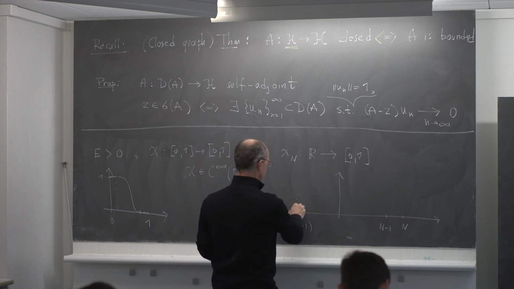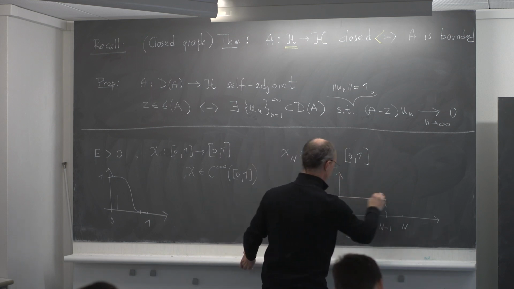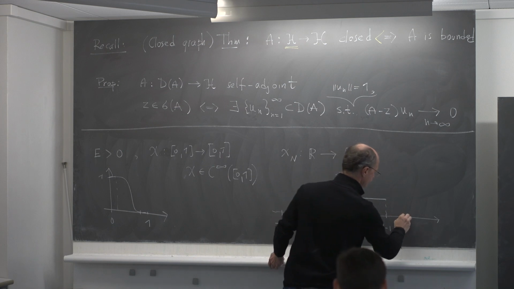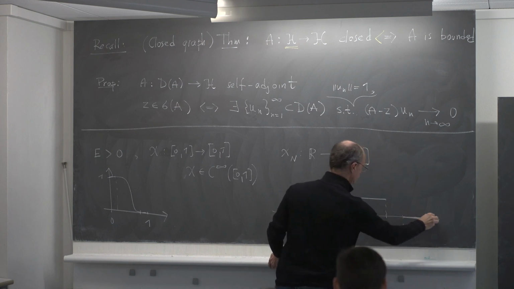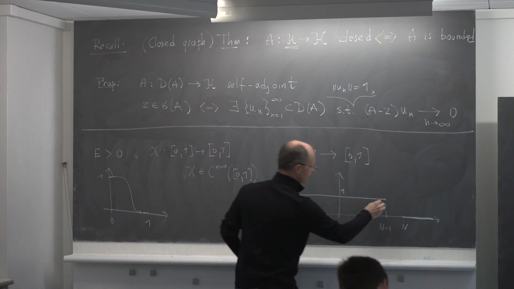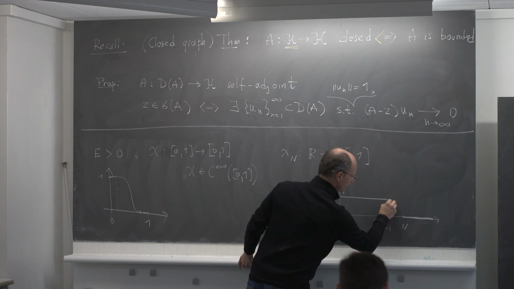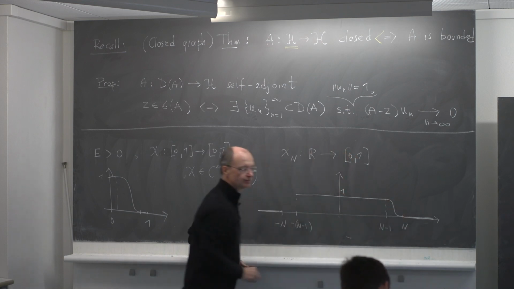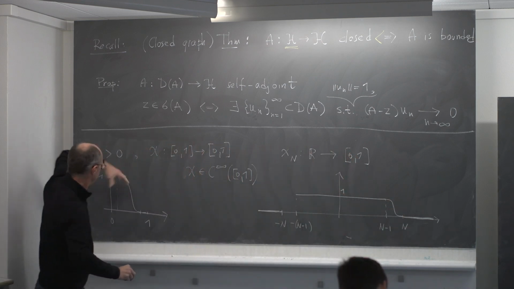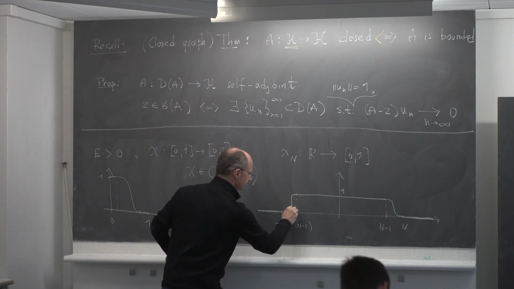So this function will be equal to 1 in this middle part. It will be equal to 0 over there. So here I will take my chi and I will transport it here. And I will flip it and transport it there.